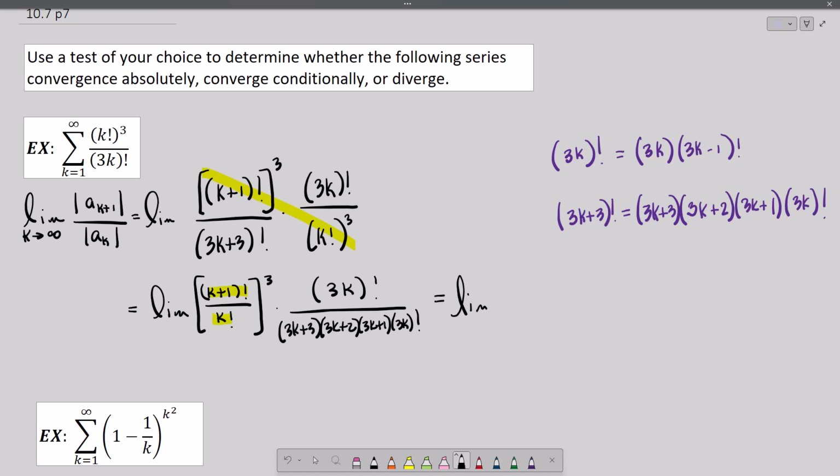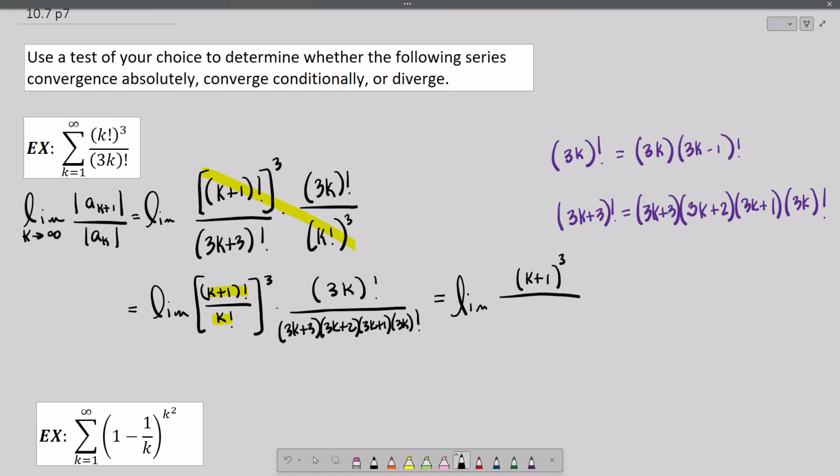So tell me what's left in this front part where the yellow is. What will we end up with here? K plus 1 to the third power. And what about that second part? Let's put this in the numerator, because the second part's only in the denominator, the first part's only in the numerator.